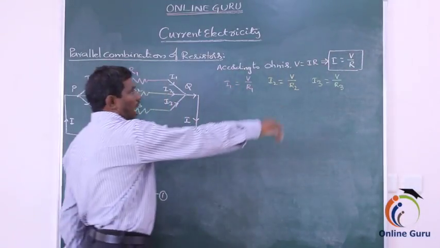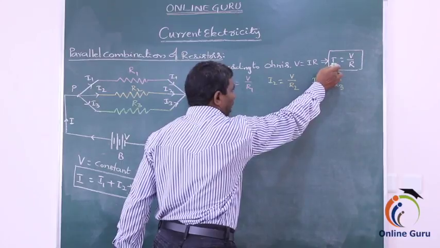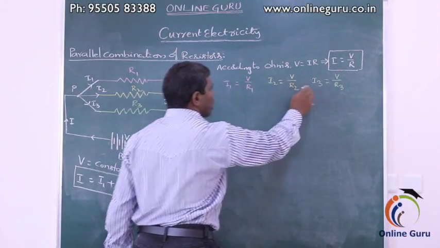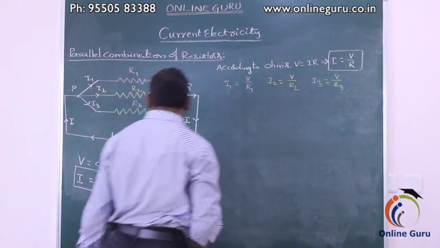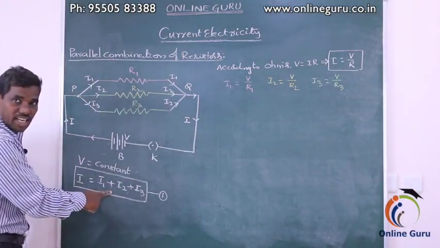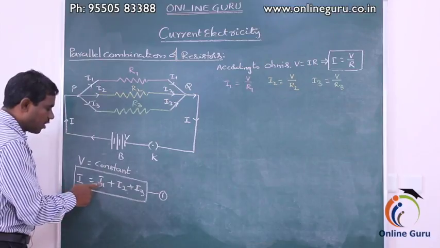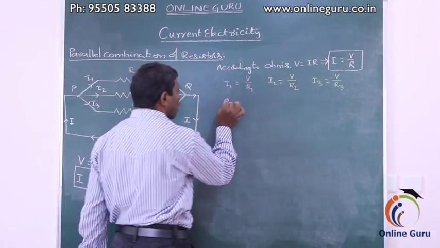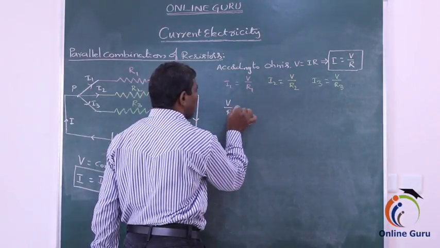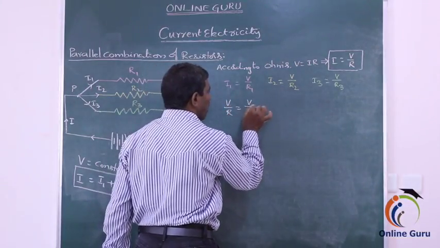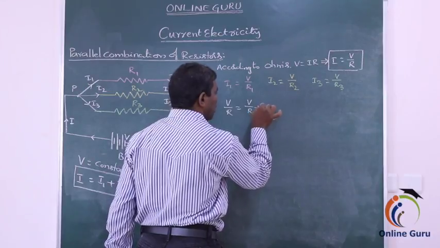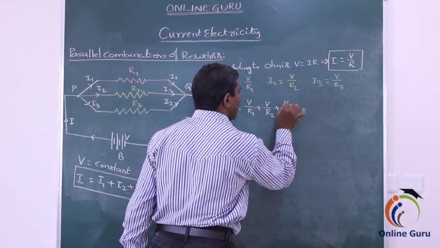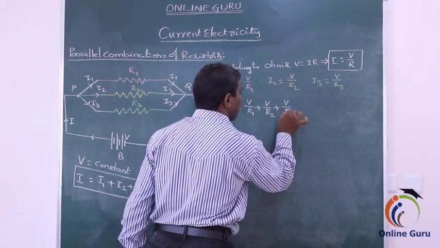Then the values of I1, I2 and I3 are substituted in equation 1, I is equal to I1 plus I2 plus I3. We get V by R is equal to V by R1 plus V by R2 plus V by R3.